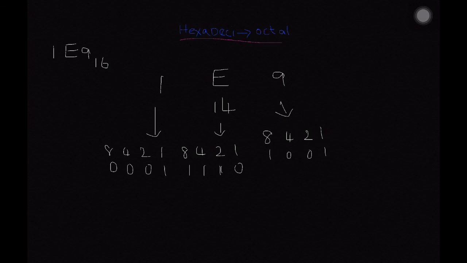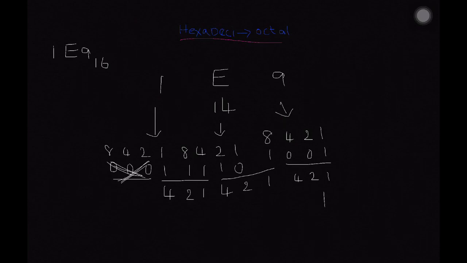Now we have to group these into 3. 1, 2, 4, 1, 2, 4, 1, 2, 4. For these 0s, we don't have any number, that is the reason why I'm going to skip here.